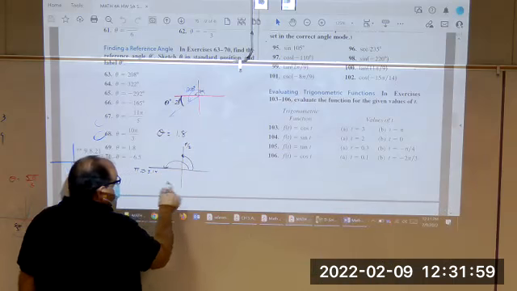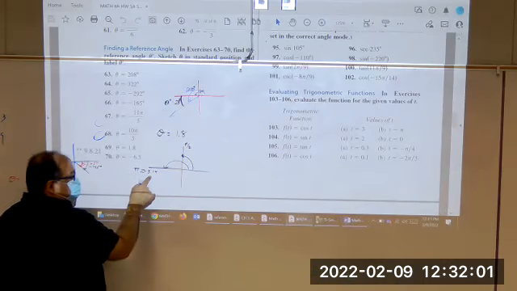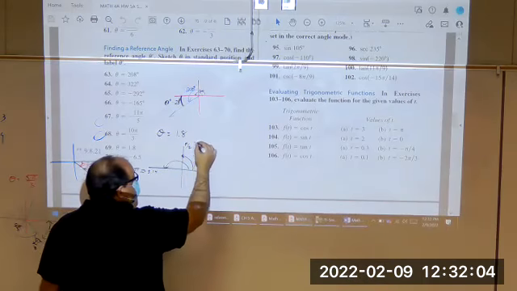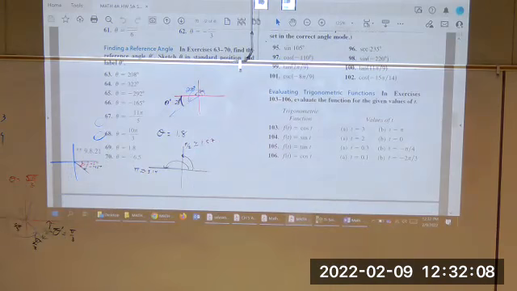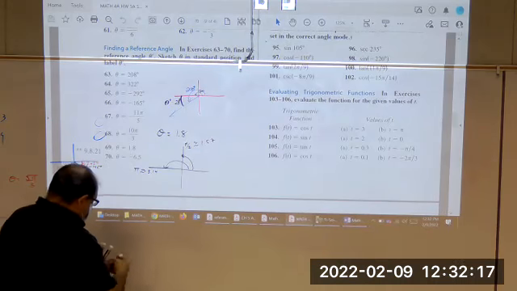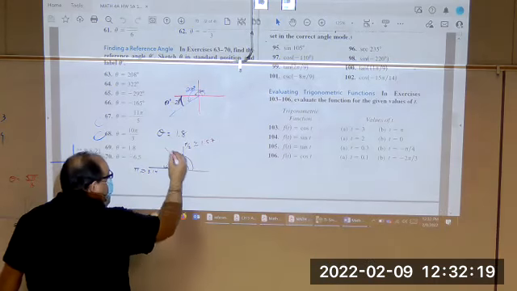If I take 3.14 and divide by 2, this is approximately 1.57 radians as a decimal. So 1.8 is in between 1.57 and 3.14. So the 1.8 would be right here in quadrant 2.